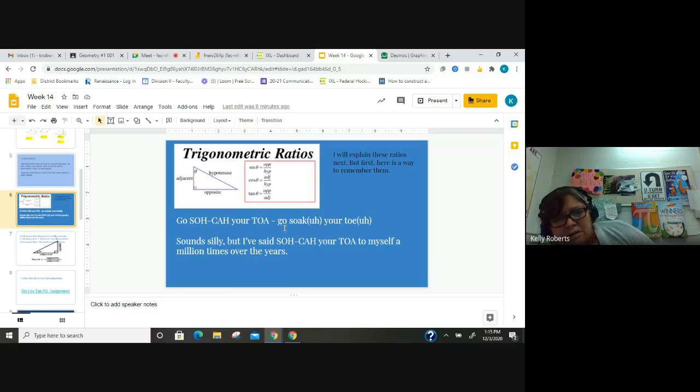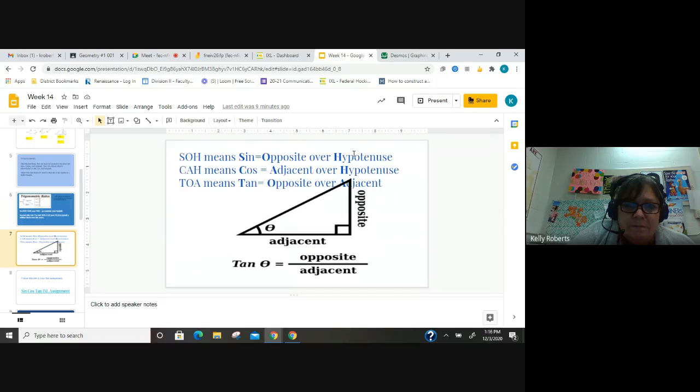I don't know what the exact word would be, but anyway, we're just going to remember SOH CAH TOA. SOH, CAH, and TOA are explained right here. And that's what I liked about this slide, it has everything all written out so that you can see exactly what the SOHCAHTOA means.